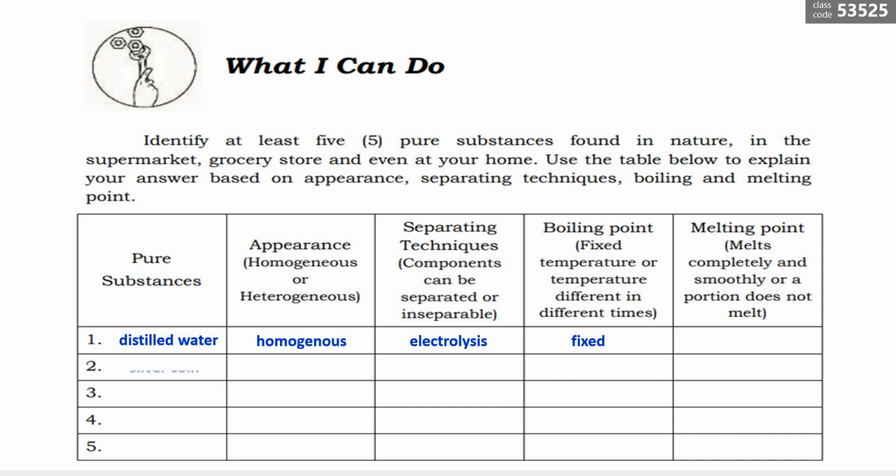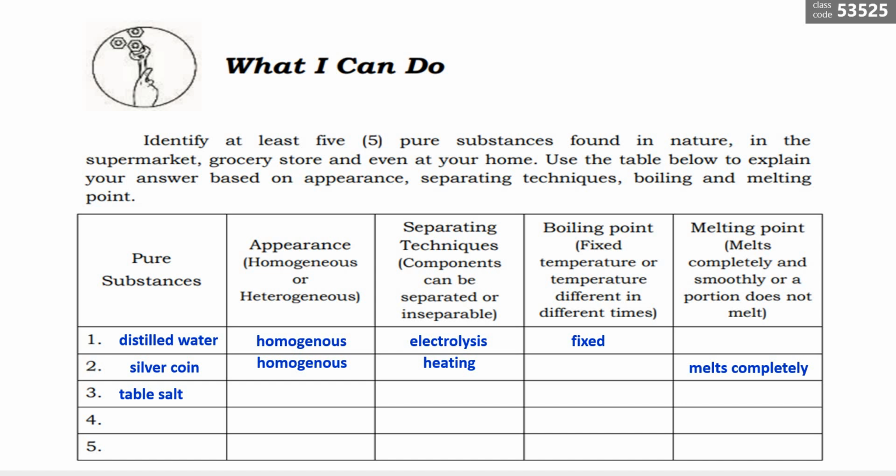Melting? None. Let's have another one. Pure substance: silver coin. What can you say about the appearance? Yes, it's homogeneous. Technique on how to separate the components? By heating. Very good. About the boiling point? None, but we have a melting point. It melts completely.